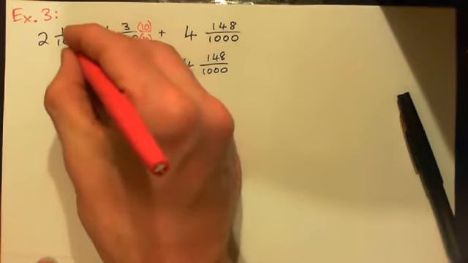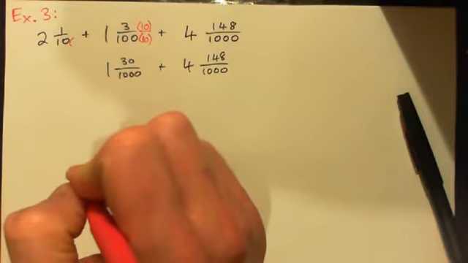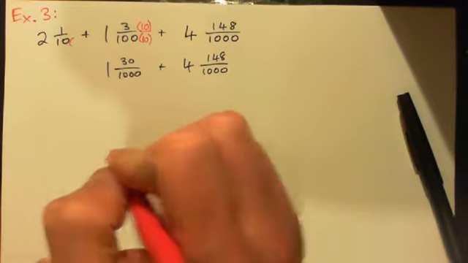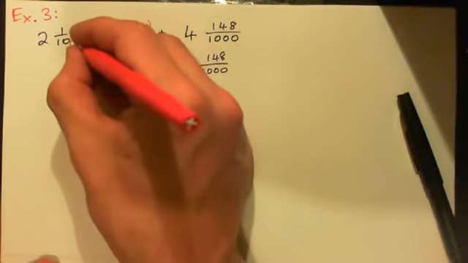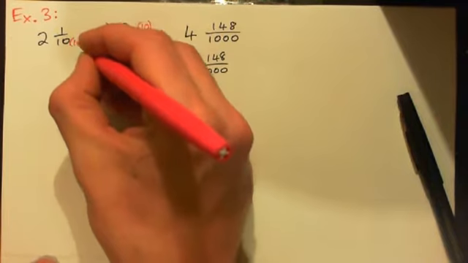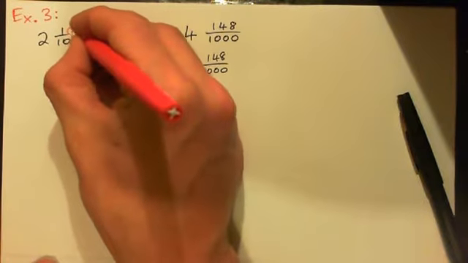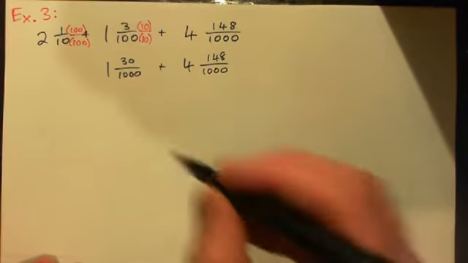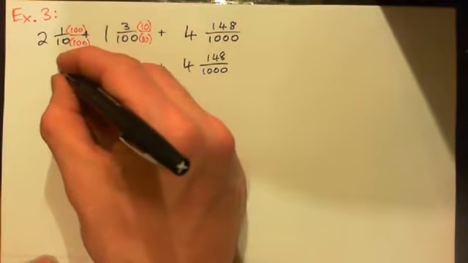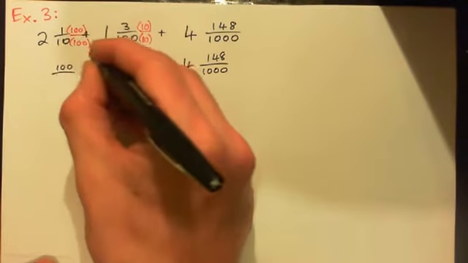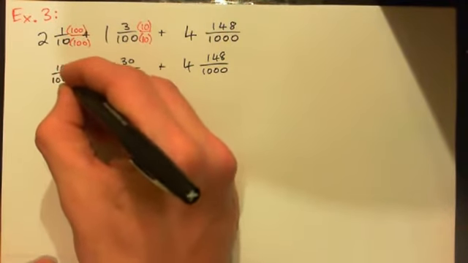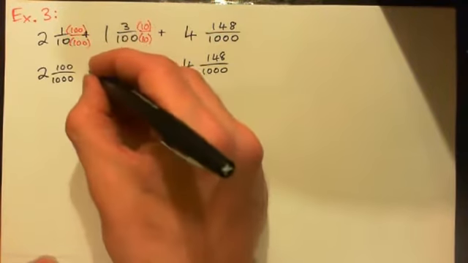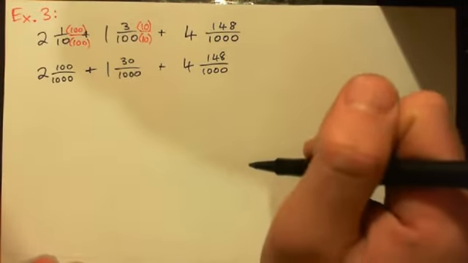Multiply it by, 10 times what gives 1,000? 10 times 100, right? And the top as well, right? So we've got 1 times 100, that's 100. 10 times 100 is 1,000. So 2 and 100 thousandths plus this, plus this, plus this.